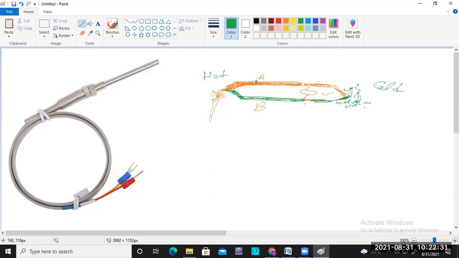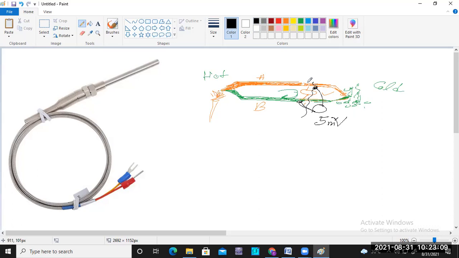Then what happens? As per the Seebeck effect, a current will flow from metal A to metal B. If you cut this sectional area and apply a voltmeter in the millivolt range, then you can get, say, 5 millivolts. This 5 millivolt is a measurable detection because it depends on the applied heat.